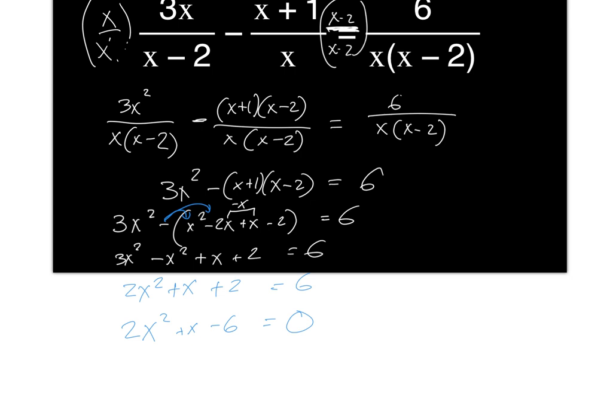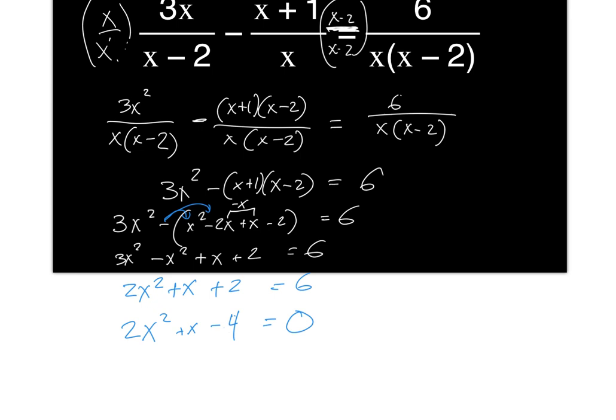So 2x squared plus x minus 4 equals 0, since 2 minus 6 is negative 4. You could do completing the square, or the quadratic formula.